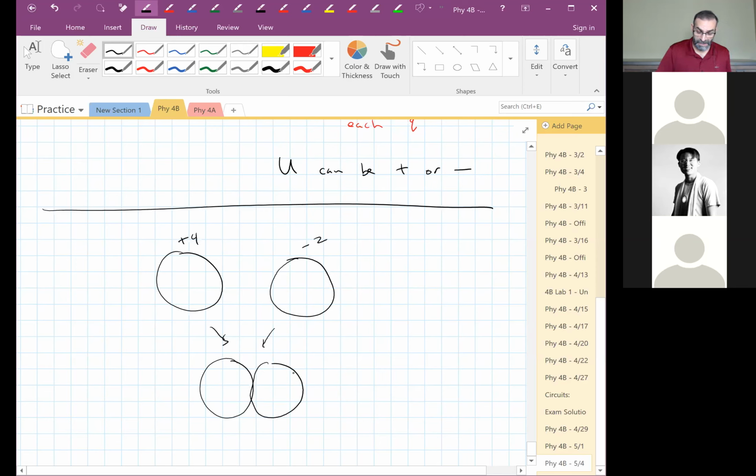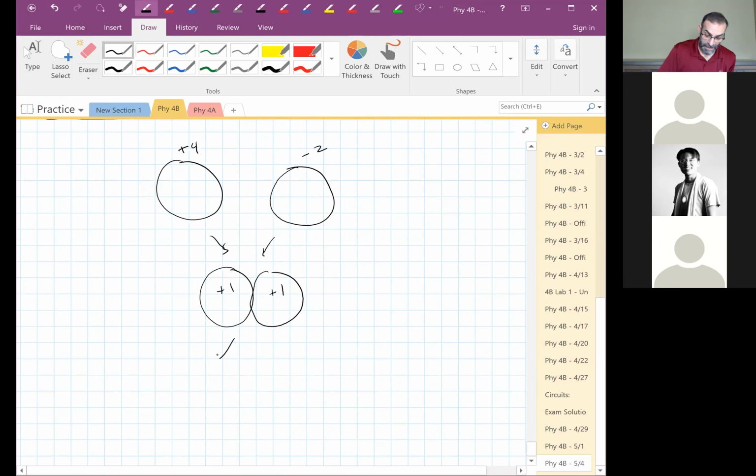And what do they have when we touch them together? A total of plus 2, which splits 50-50, right? Half and half. And then if we separate them, we have a plus 1 and a plus 1, right?